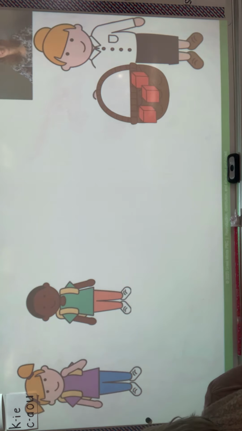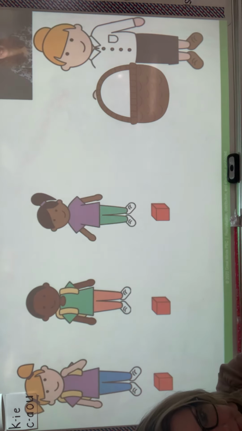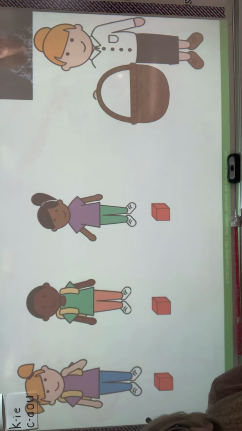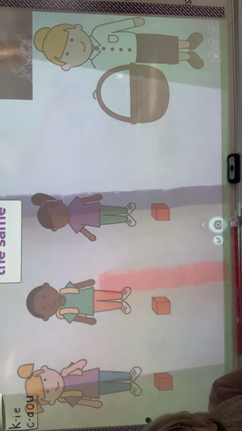And of course, I had to share some of my blocks. Oh no, what happened this time? There were more blocks than students. It's okay, we found another student to give the block to. Now we have the same number of blocks as students.